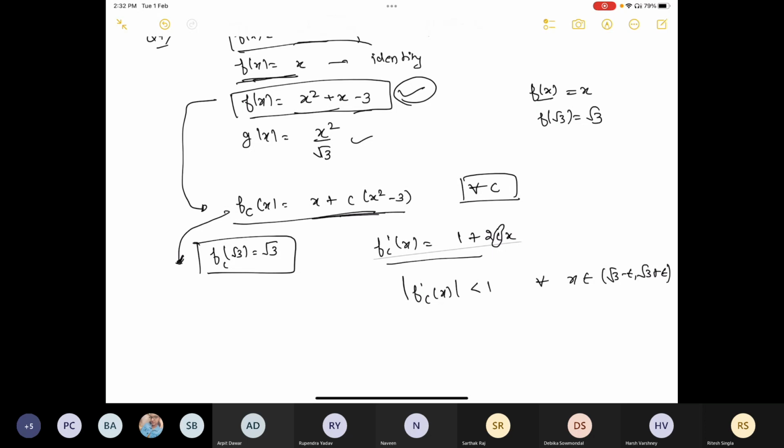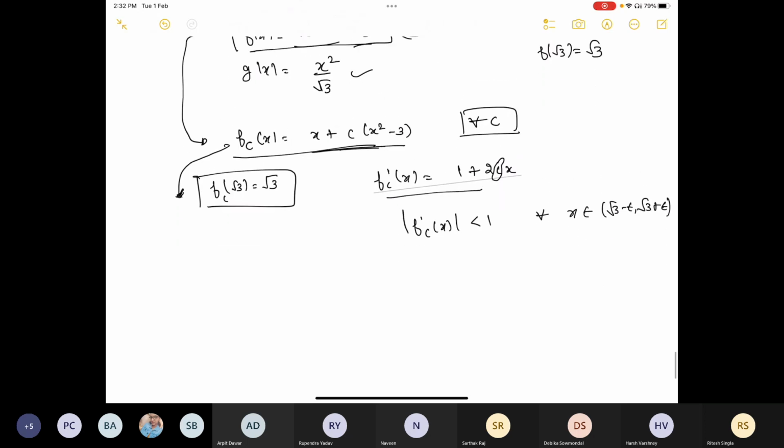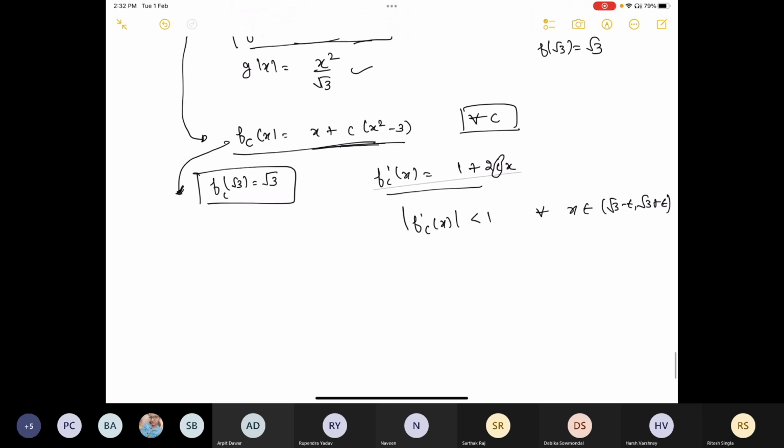Okay, so suppose I am taking this function f_c(x) equal to x plus c times x squared minus 3. So f_c prime of x is 1 plus 2cx. So f_c prime at root 3, let me calculate that. It is 1 plus 2 root 3 times c.